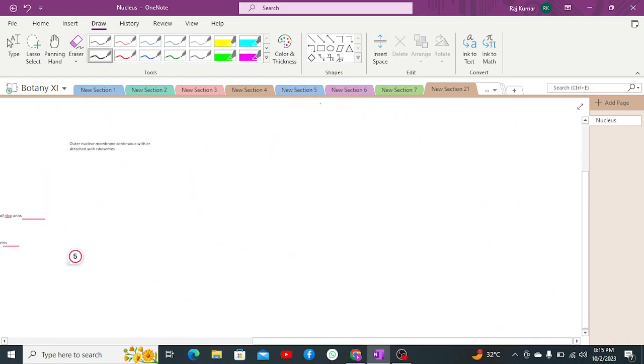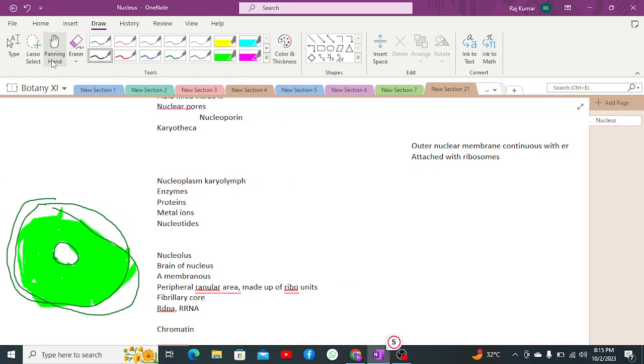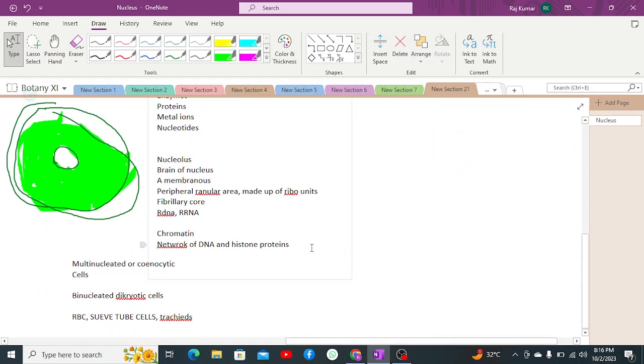Here there is a presence of chromatin network. Now here, the chromatin network can be explained in such a manner that it is a network of DNA and histone protein.